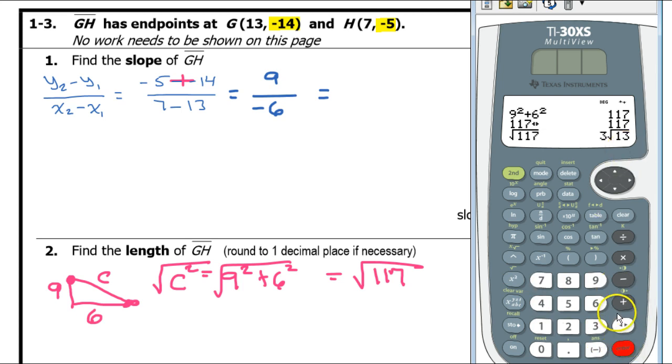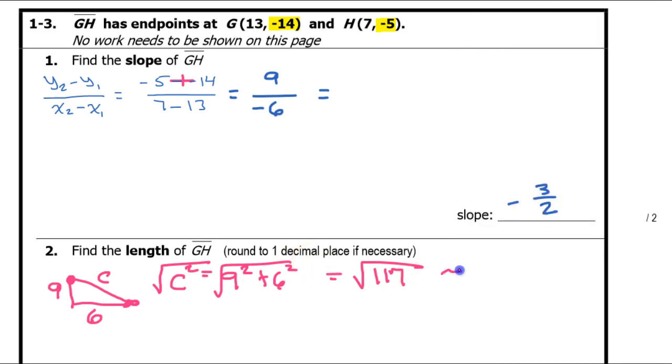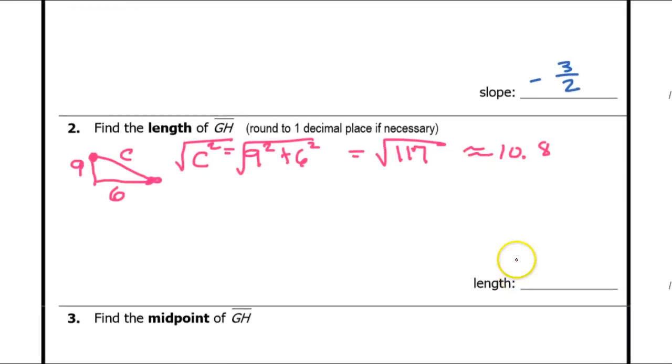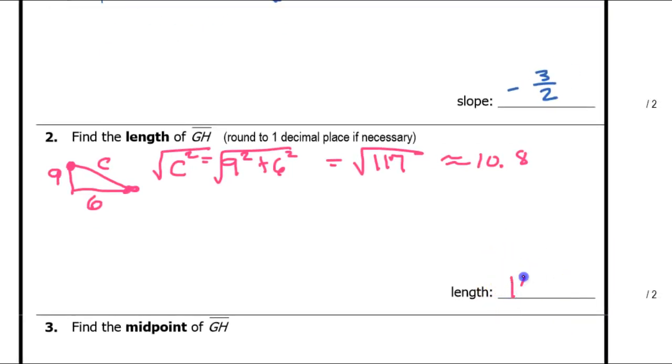There's that 3 radical 13 I saw a moment ago. But that's going to be 10.8. So approximately 10.8. Okay, so that is the length of the segment. So that's one way to do it. Just use the Pythagorean Theorem.